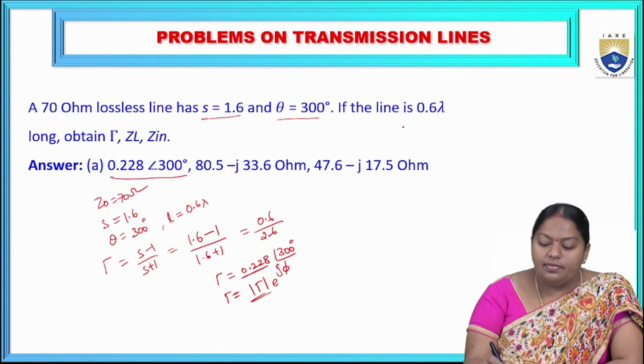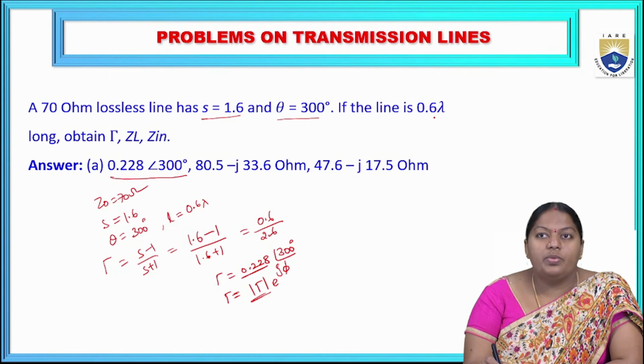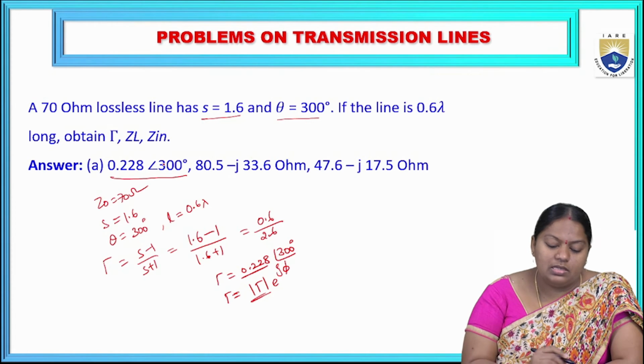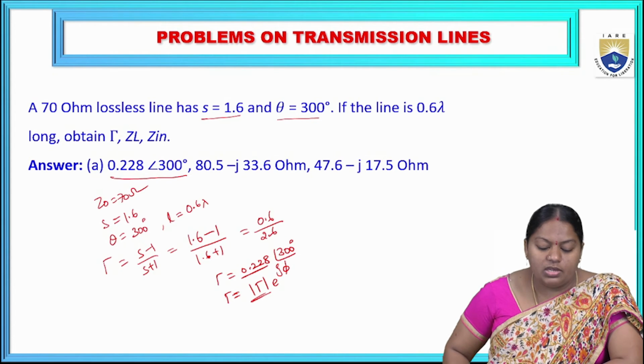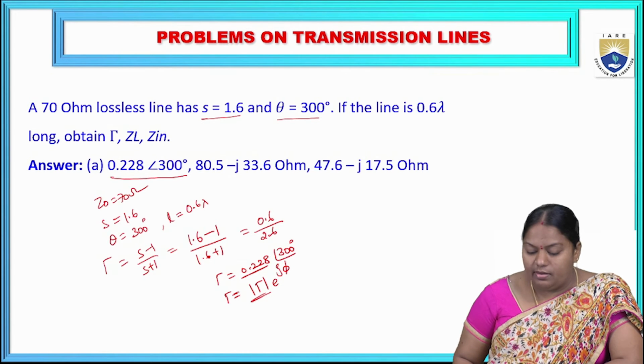And the length of the line is given as 0.6 lambda. Now we are going to evaluate ZL. Z0 value is there, reflection coefficient gamma value is there. Now using that we can find ZL value.